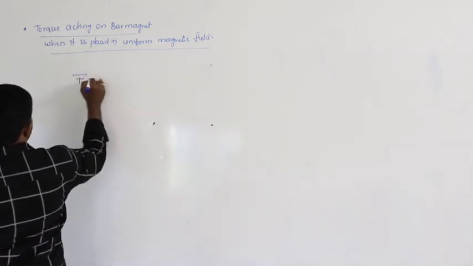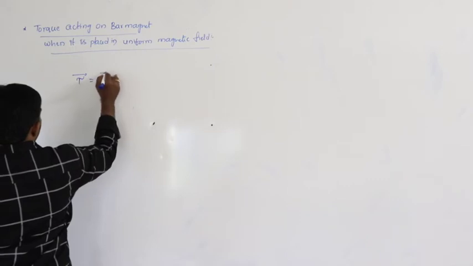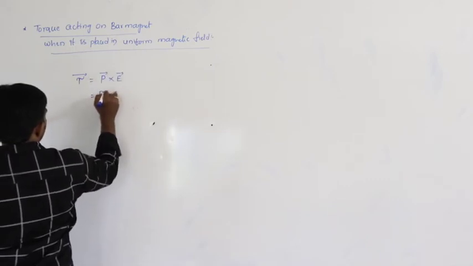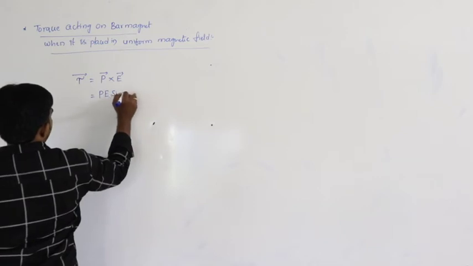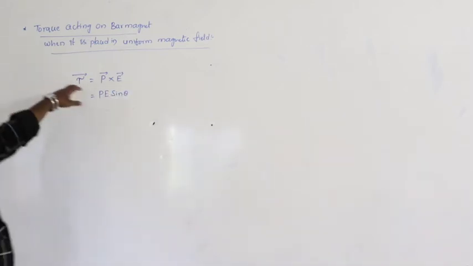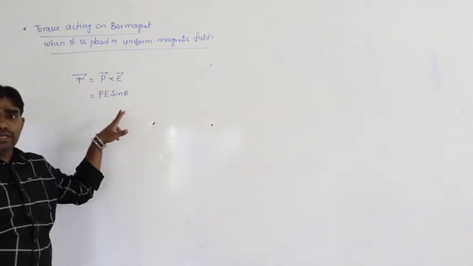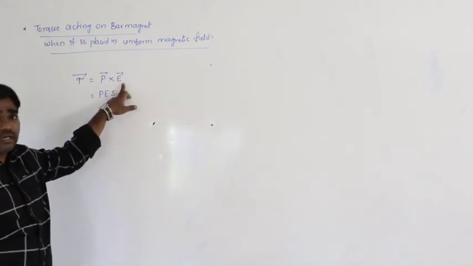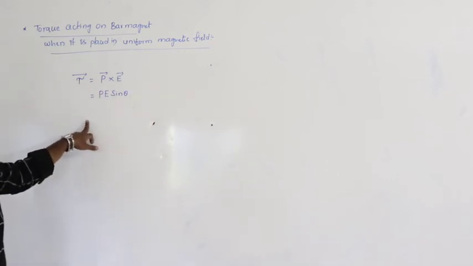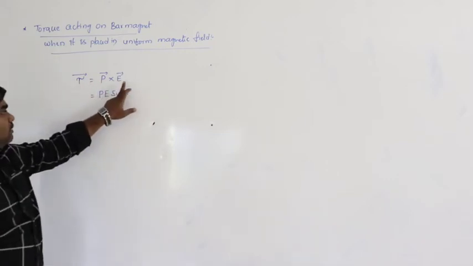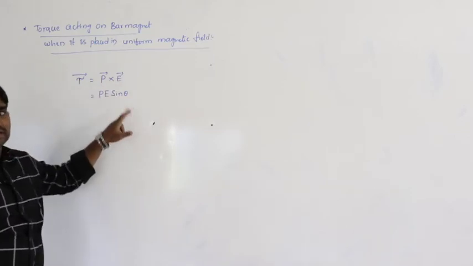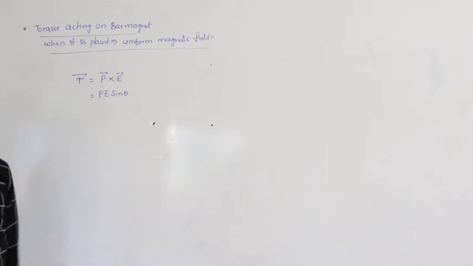Tau bar is equal to P bar cross E bar, that is equal to P E sin theta. When an electric dipole is placed in uniform electric field, the torque acting on the electric dipole is P bar cross E bar, that is equal to P E sin theta. That we derived already.